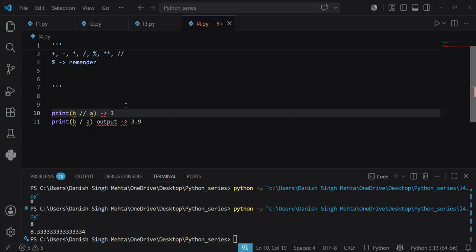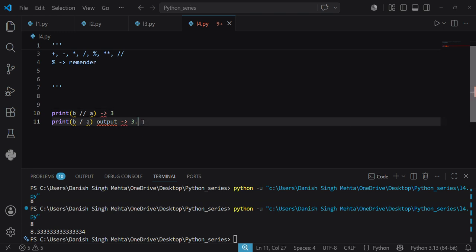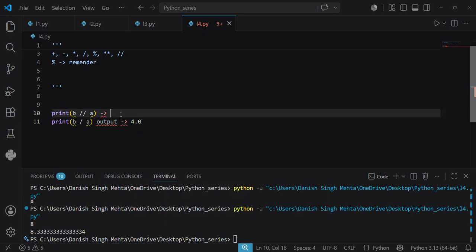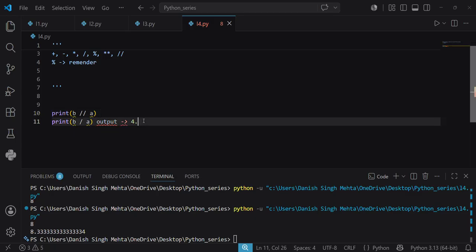Can you understand this? Whatever the value, it does not round off; it always keeps the value before the point. If I have 4.0, then the value will be 4. It only removes the point value and nothing else changes. I hope you can understand this.